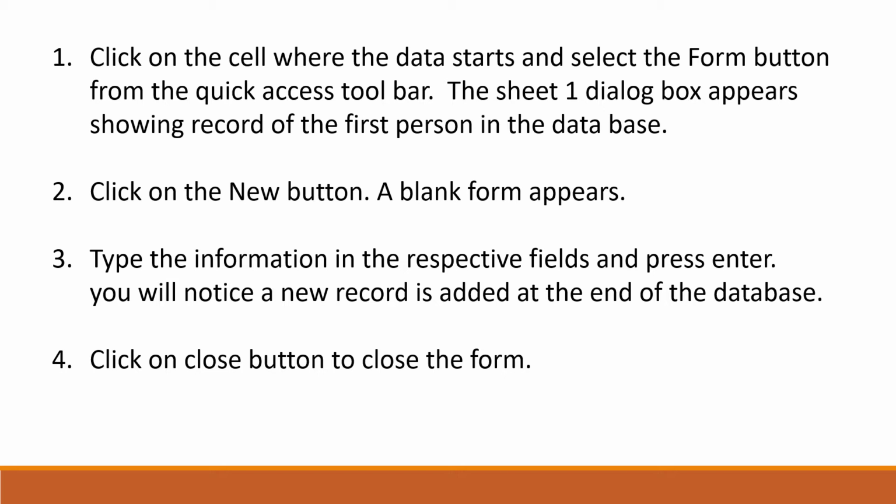Then automatically, based on the sheet, the dialog box appears showing the record of the first person in the present database. Then second step is click on new button, then automatically a blank form appears. Then fill the information in the respective fields and then press enter key.